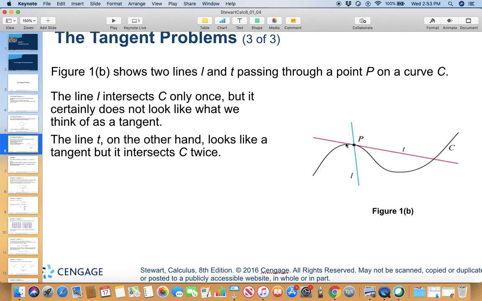So this line has the same direction as the curve at this point. But notice this line does not have the same direction as that of the curve. Over here, the curve is increasing, whereas the line is going down. So this line T is a tangent at point P to the curve C. So the point matters.